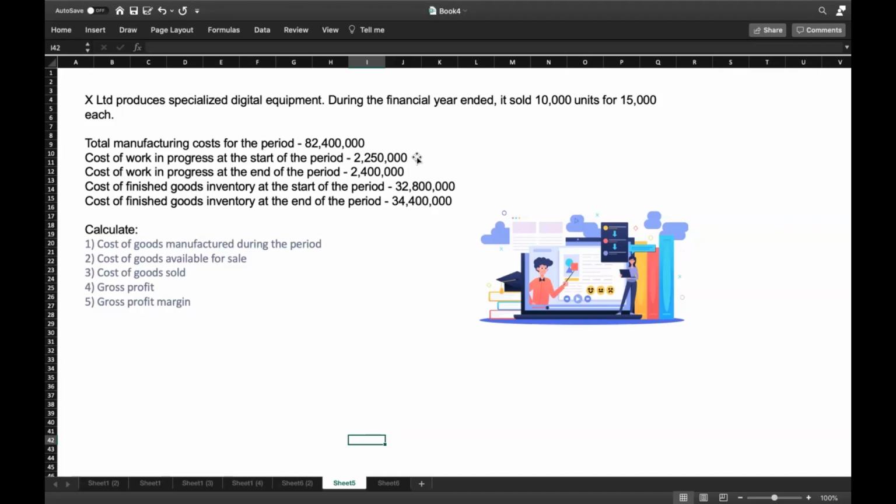So if you want to calculate the cost of goods manufactured, this is total manufacturing cost 8.24, but of that something not yet manufactured fully, that is closing work in progress. Something not captured in the previous year but to be absorbed in the current year, that is opening work in progress. In that way we will get the cost of goods manufactured during the period.